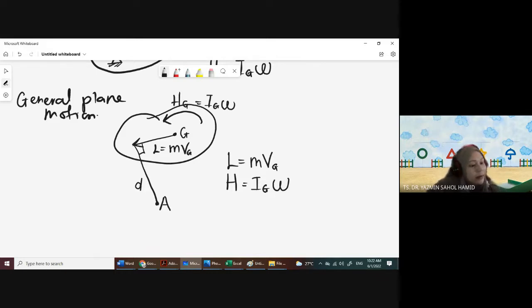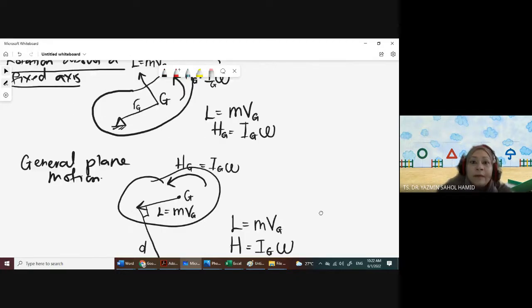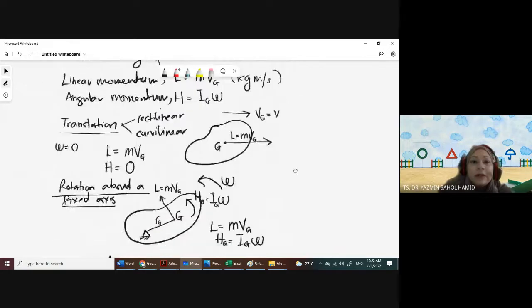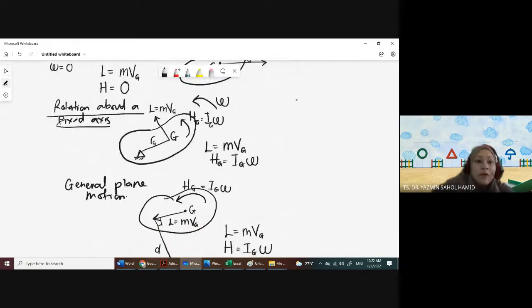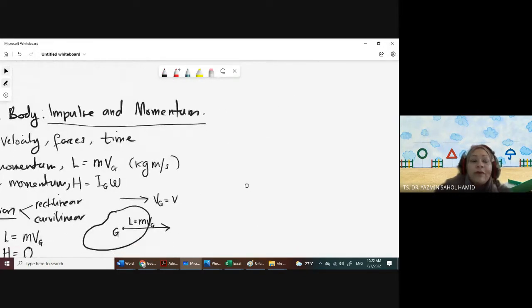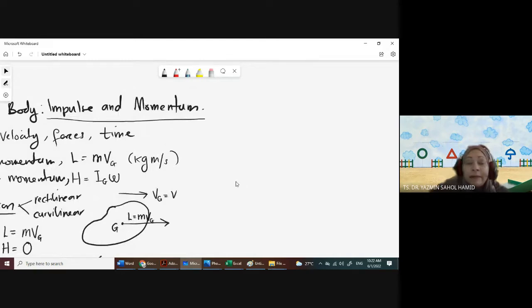So you understand this. Now this is the formula for linear and angular momentum, considering all the different types of motion that can happen. And of course, the next one: do you remember the formula for the principle of linear impulse and momentum?